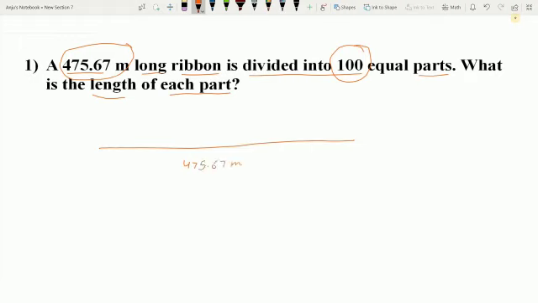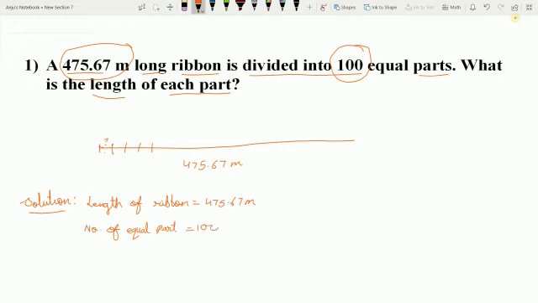Students, suppose this is the ribbon and its length is 475.67 meter. This ribbon is divided into 100 equal parts, and here we have to find the length of one part. Let's start the solution. Length of ribbon is equal to 475.67 meter. Number of equal parts is equal to 100.